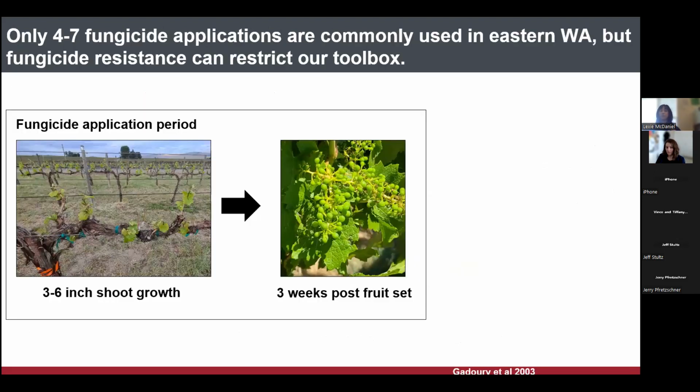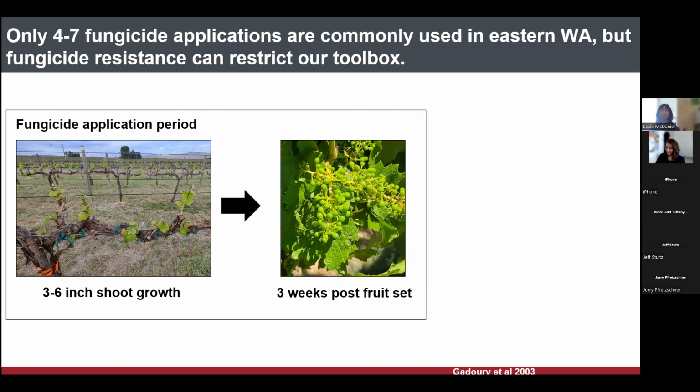So routine fungicide sprays are commonly used for powdery mildew control, even in vineyards with low disease pressure, such as in Eastern Washington. In Eastern Washington, we typically spray between 4 to 7 times, and we like to focus those sprays in the early season. I think you guys have a very similar climate to us, so we probably follow the same approaches, but I'm going to go over that, and it explains why we chose to spray when we did for the UVC light.